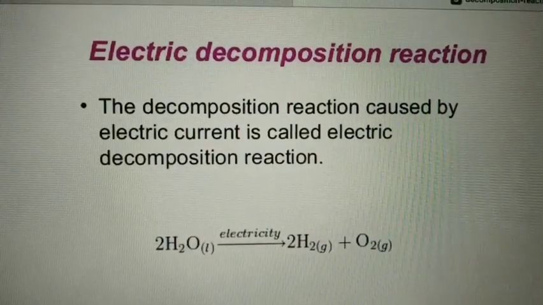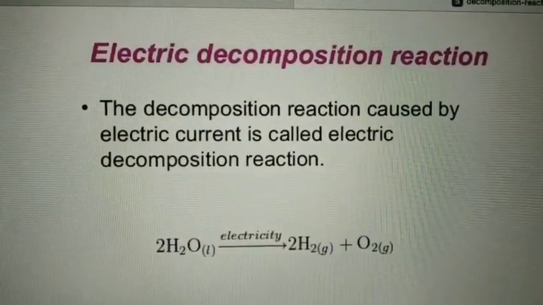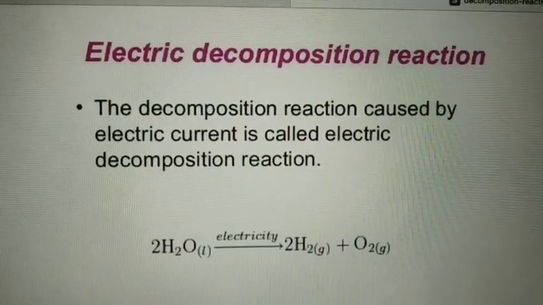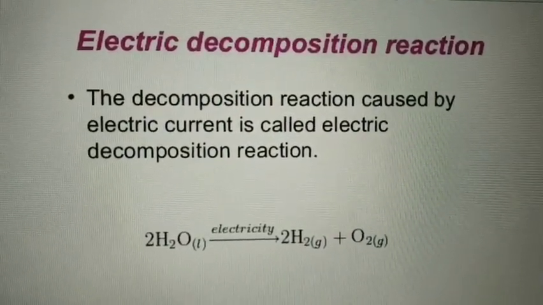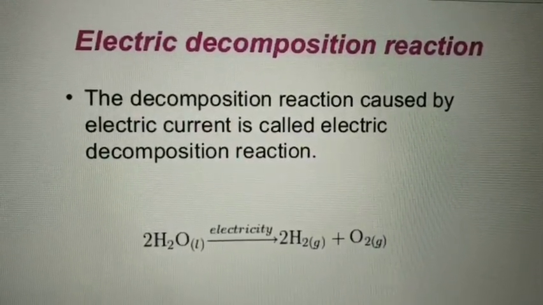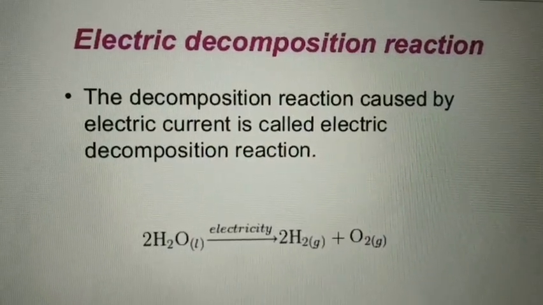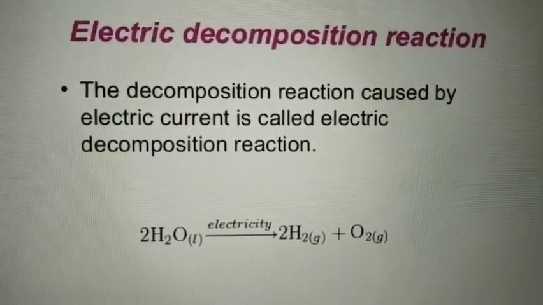Now the third decomposition reaction is electric decomposition reaction. The decomposition reaction caused by electric current is called electric decomposition reaction or electrolytic. Electrolytic means electric only. Here we can say electrolysis also. The process is called electrolysis.